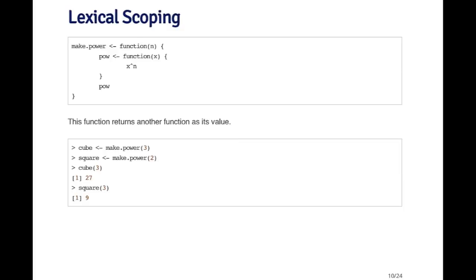Similarly, I can pass 2 to make.power and create a function that I'll call square. Now when I pass cube the number 3, it raises 3 to the third power, so I get 27. If I call square on the number 3, it raises 3 to the second power, so it gives me 9. So now I've got one function that is capable of constructing many different types of functions, by raising them to various powers.